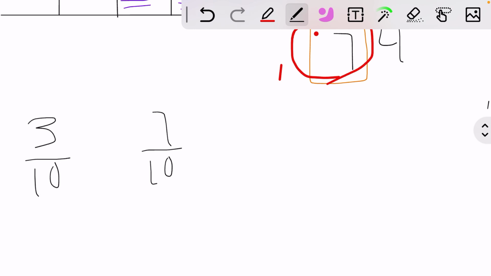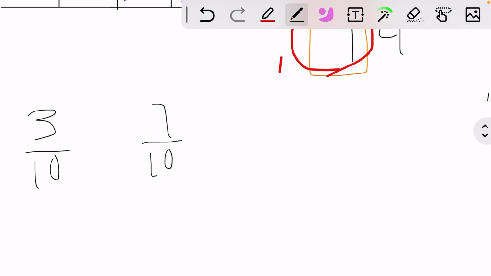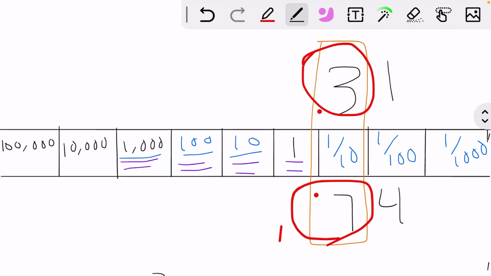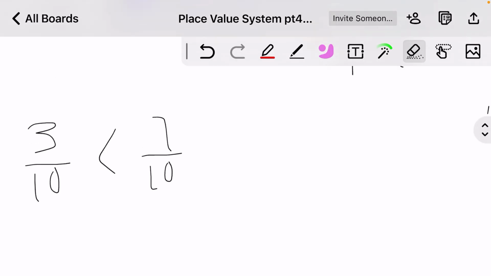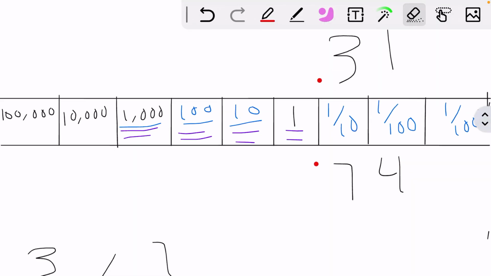Because these two fractions have the same denominator, we can just look at the numerators and see which is the biggest number. Of course, 7 over 10 is larger. So 7 over 10 is greater than 3 over 10, and with that being the case, this decimal is going to be bigger than this decimal.